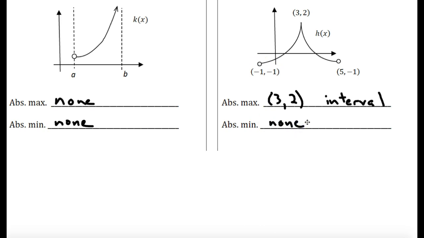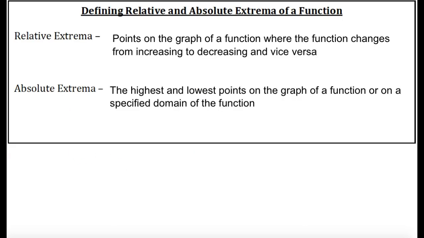Okay, so let's put some definitions to relative extrema and absolute extrema. Take a second and copy these down into your notes. Absolute extrema are what we were just talking about: the highest and lowest points on the graph of a function or on a specified domain of the function. Relative extrema, we can talk about relative mins and maxes.